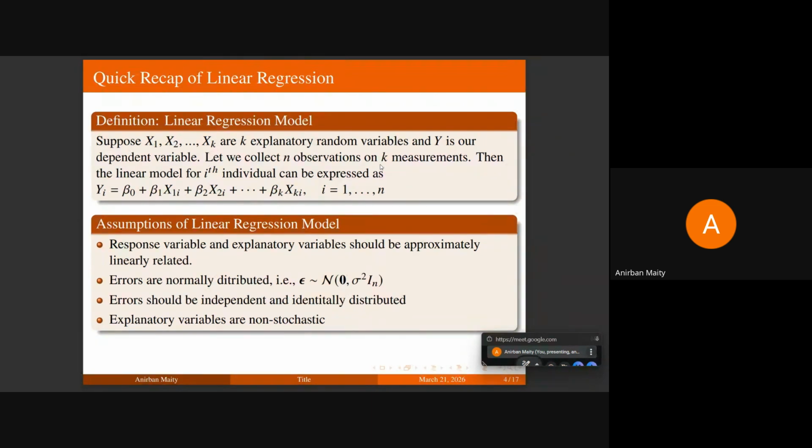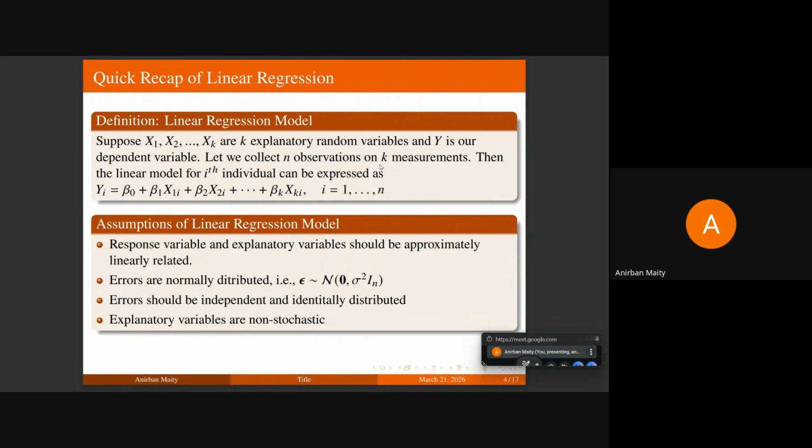Now if we build a linear regression model, your model looks like this equation. But before building it, we have to make some assumptions on the model error and about the model. The response variable and explanatory variables should be approximately linearly related. Errors should be normally distributed.